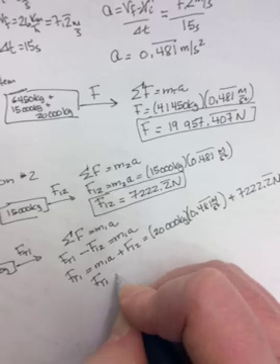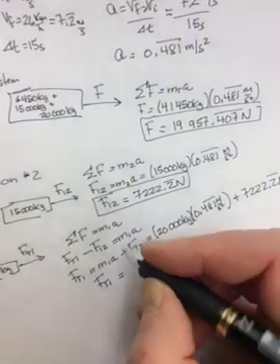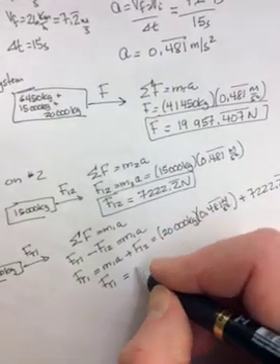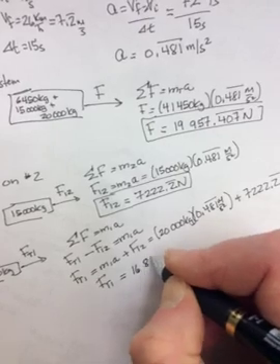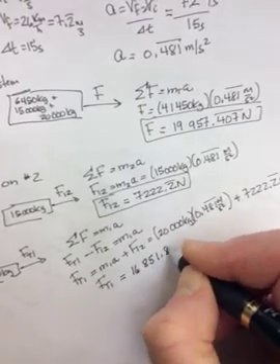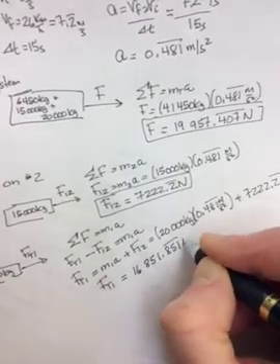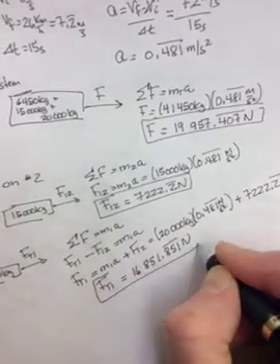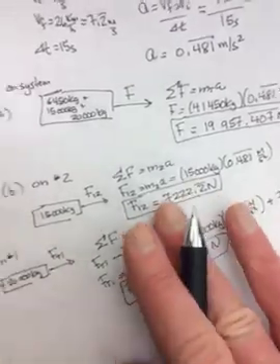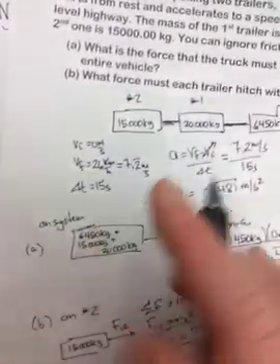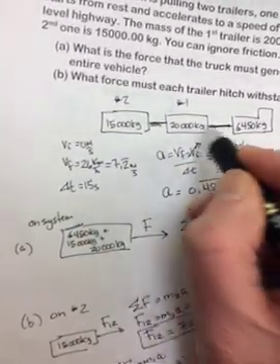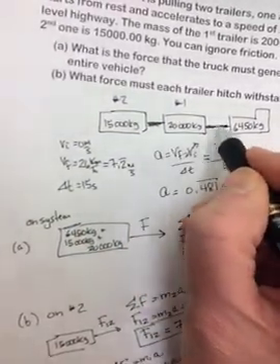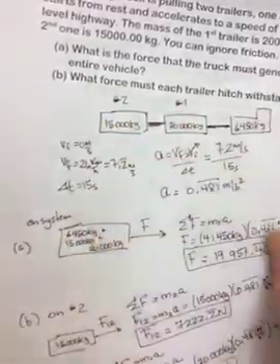And if you manage to keep all your repeatings, you get 16,851.851, which also repeats. This one will be bigger, and it should be, because the force in this hitch has to be bigger than the back one, because this hitch is really pulling both of them.